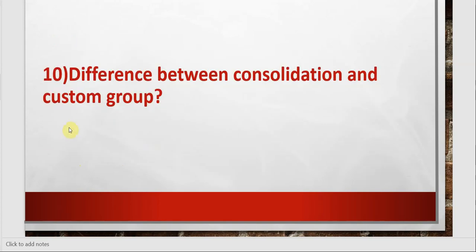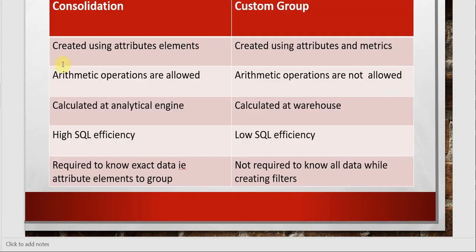The tenth question is, what is the difference between consolidation and custom group? Consolidation is created using attribute elements, while custom group is created using attributes and metrics. Arithmetic operations are allowed in consolidation, but not in custom group. Consolidation is calculated at the analytical engine, while custom group is calculated at the warehouse level.